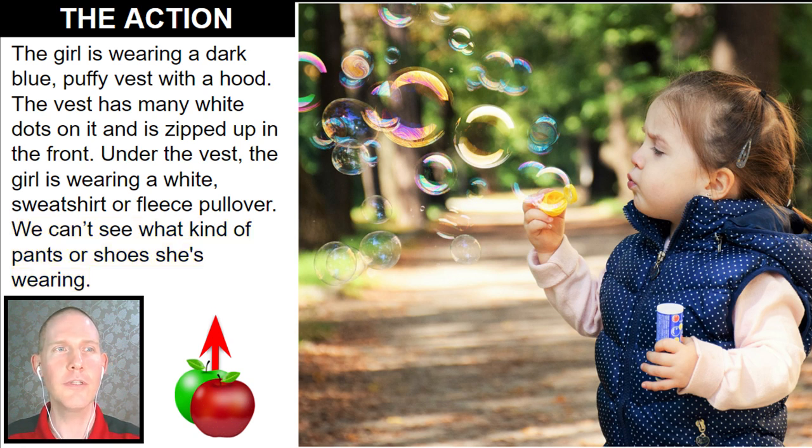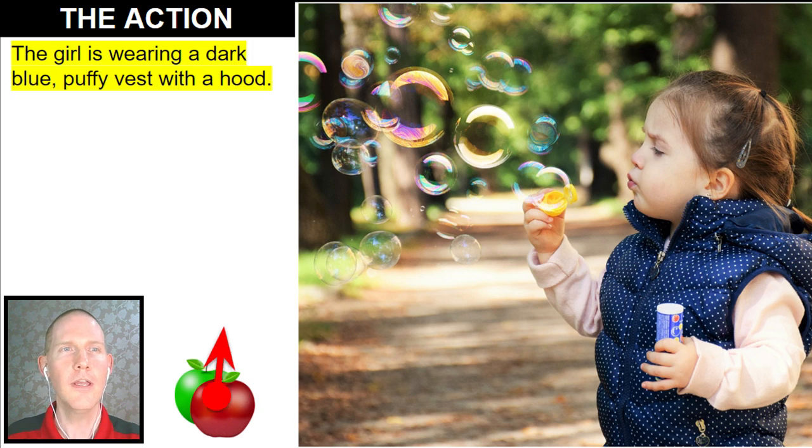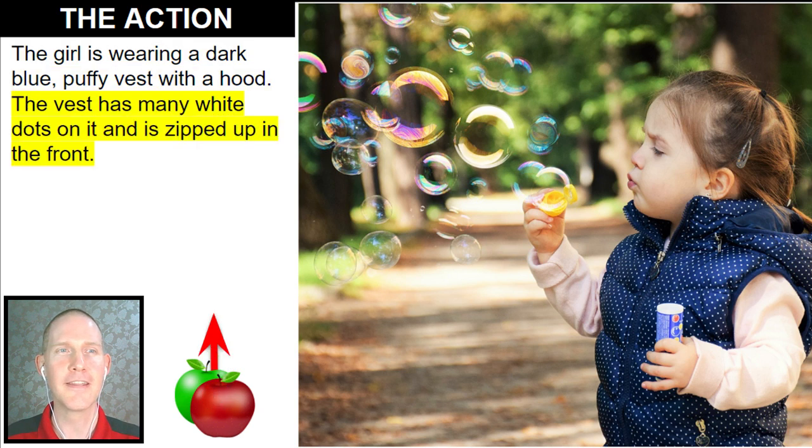All right, let's do pronunciation. Here we go. The girl is wearing a dark blue puffy vest with a hood. The vest has many white dots on it and is zipped up in the front.